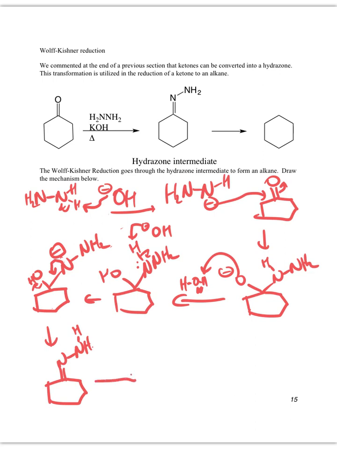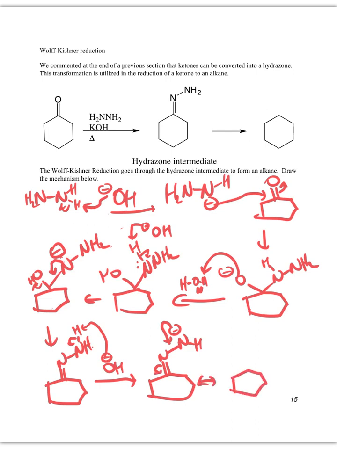Now from here, we can remove a hydrogen off of that hydrazone to get to the negatively charged. We can draw a resonance structure for this, sending electrons from the nitrogen down to form a double bond, sending electrons from the double bond to the carbon, and we get a nitrogen double bond.